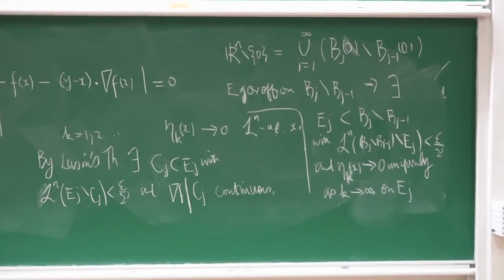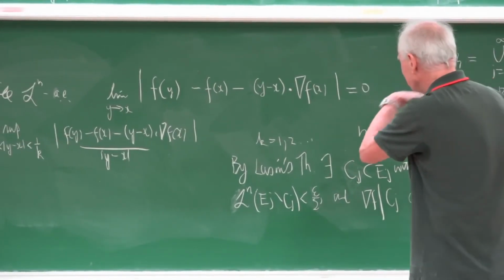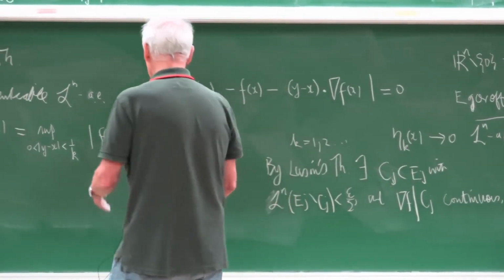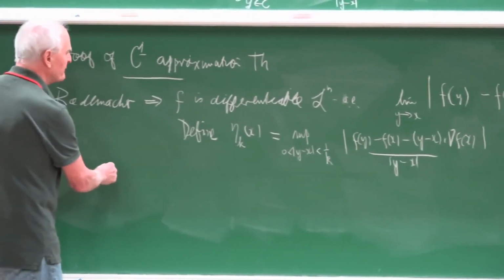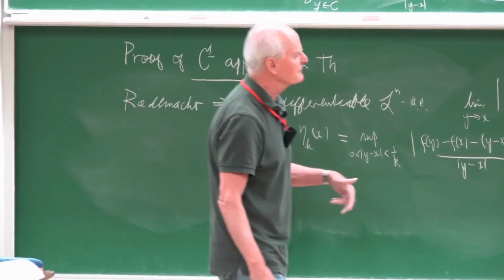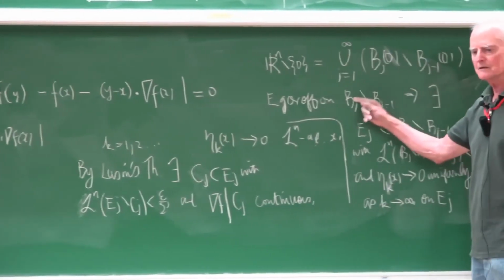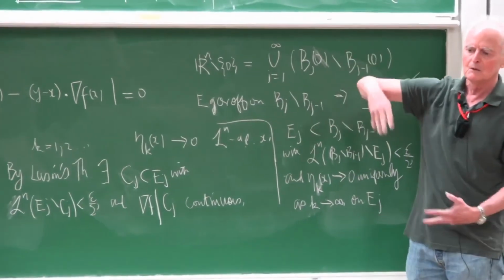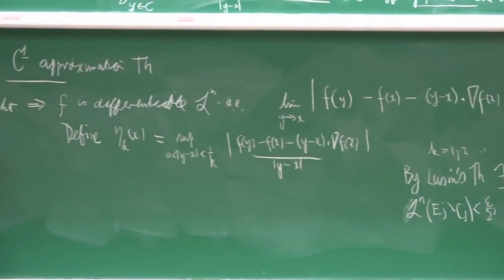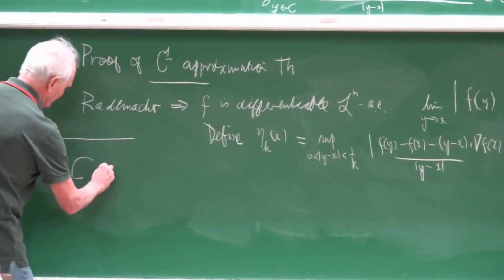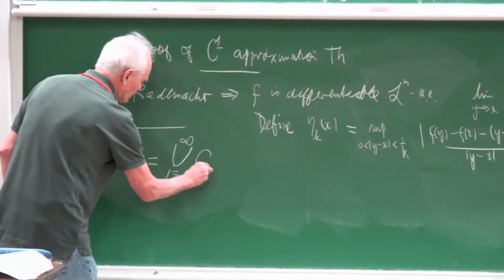Okay, now it looks like we've just about got what we want. We've almost got our set C, except that the trouble is we've only got a set Cj contained in this annular region. We want a C in all of Rn, but that's good. We can just take the union. So C equals the union, j equals 1 to infinity, of Cj.